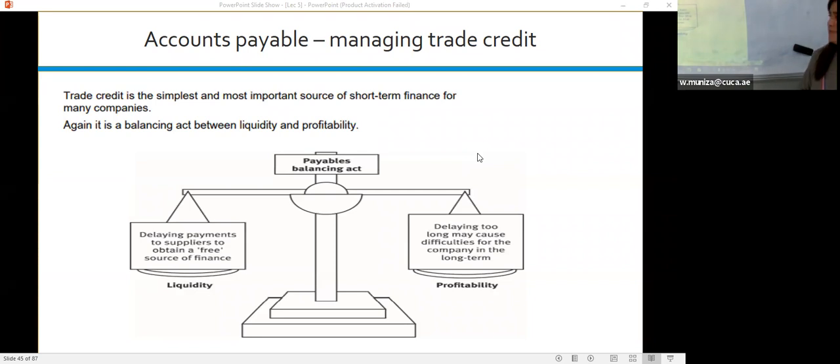So we have to balance between liquidity and profitability. Liquidity can be attained if we delay payments to the supplier to obtain a free source of finance. We can increase profitability, but delaying too long may cause difficulties for the company in the long run.